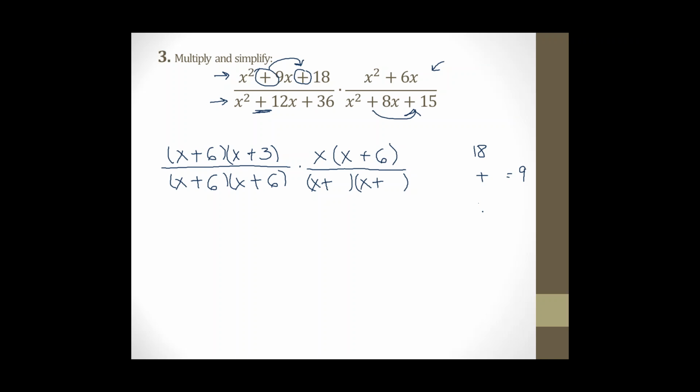And again, this is for you guys. Find the factors of 15, the same signs, that will add to give you the middle number, which is 8. Right here, I forgot to put this in. So I'm going to give you a few seconds, find the factors of 15 that will add to give you 8.